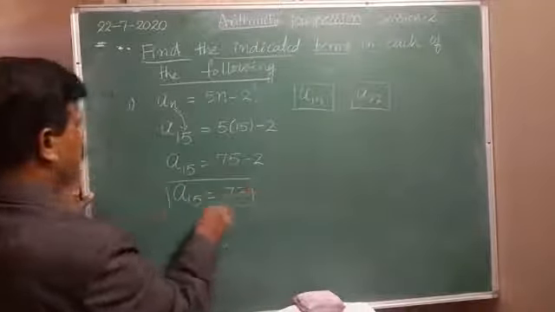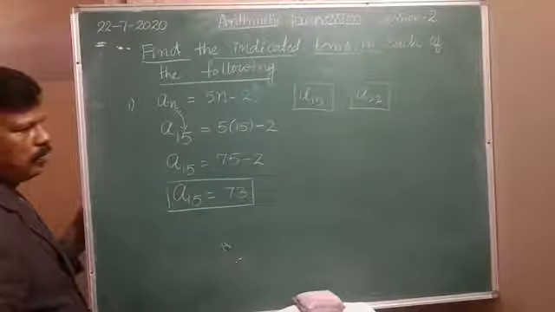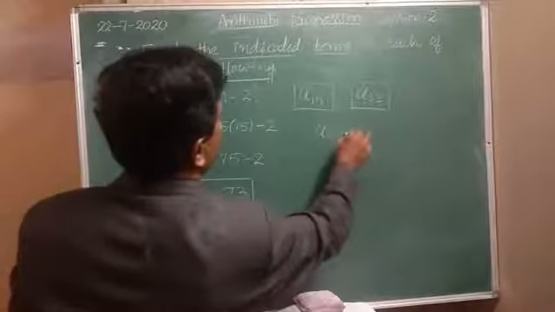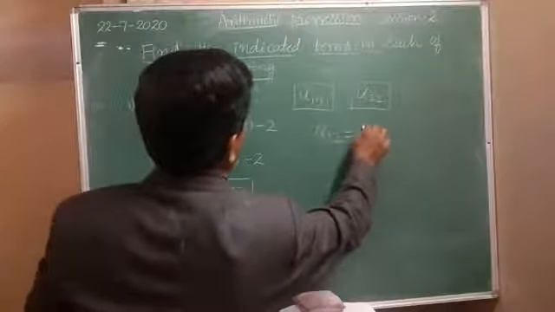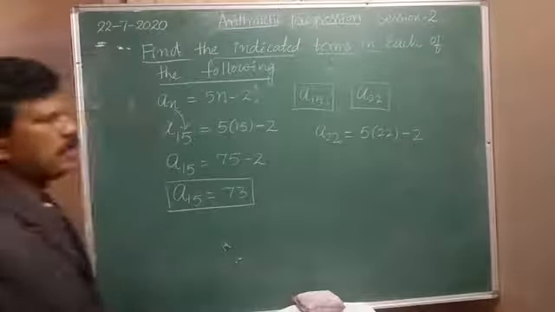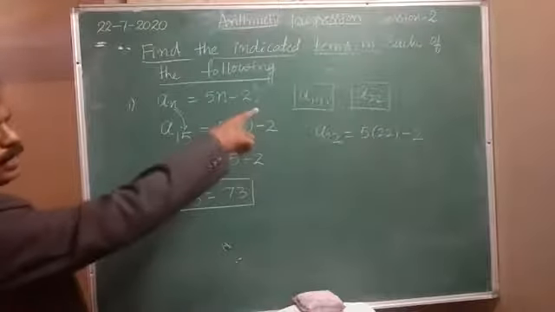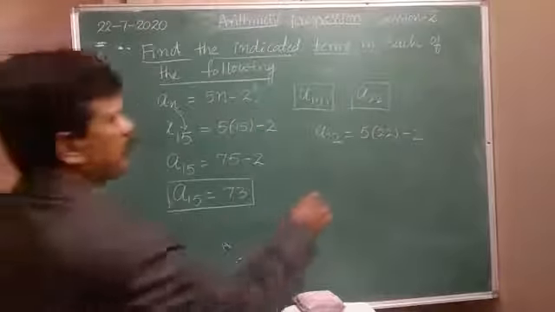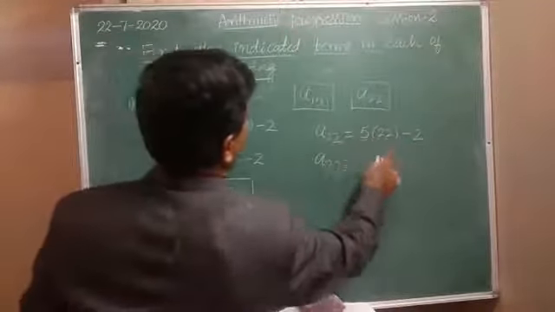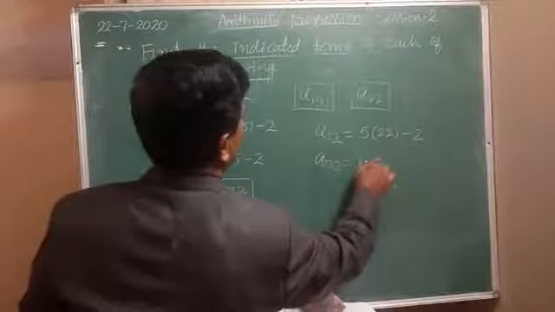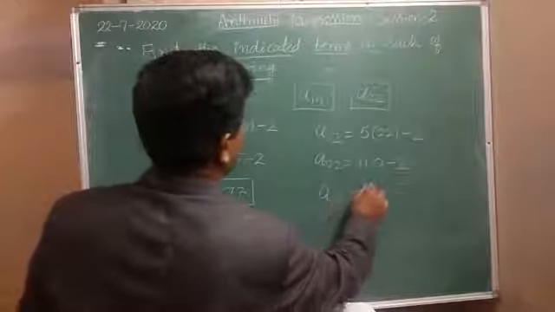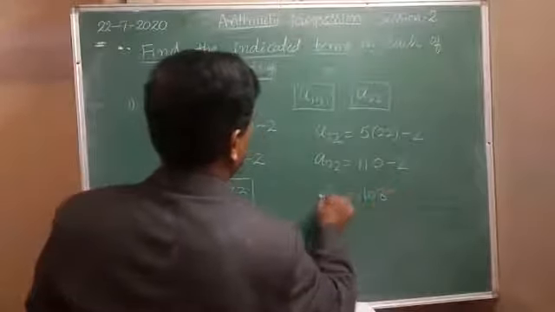This is the 15th term. Now the second one is A22. That means 5 into 22 minus 2, replacing n by 22. What they asked, you just replace that. A22 equals 5 twos are 10, 5 ones are 5, 110 minus 2. So A22 equals 108.